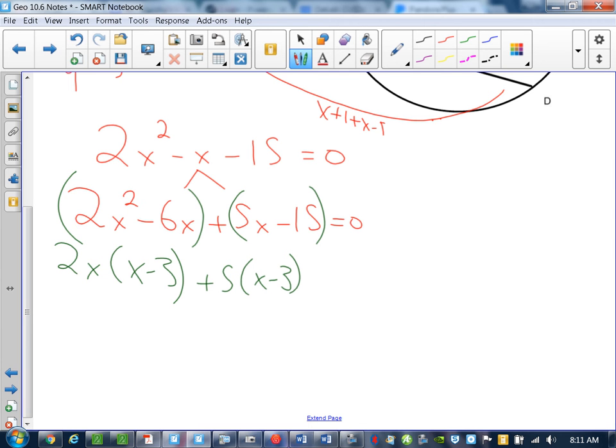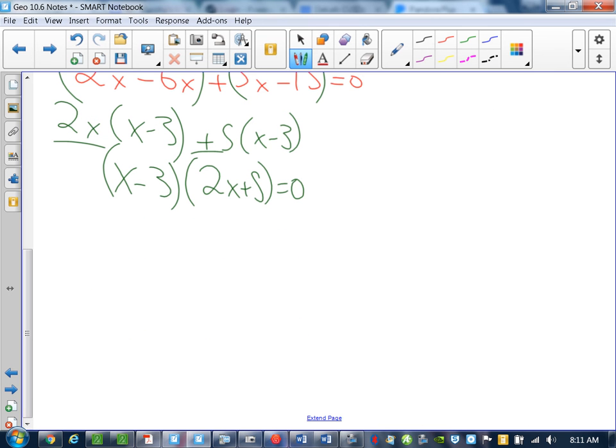Now, are my 2 parts that are in parentheses the same? Yes. When that happens, you write it down. And what's left? Well, no, what's left in here? I have 2x and a 5. And now you finally have factored something to get to the point where you have 2 terms that you can set equal to 0.